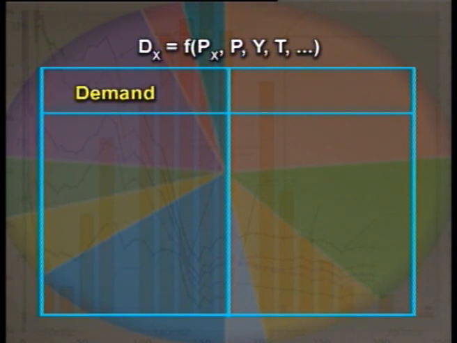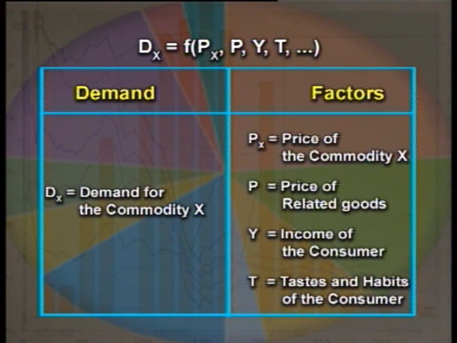A demand function consists of the quantity demanded on the left side of the equation, and on the right side we have the price of the commodity, the prices of other commodities, the income of the consumer, and other factors like fashions, tastes, and other factors that influence the demand curve.